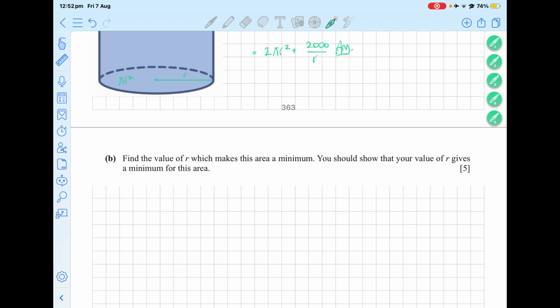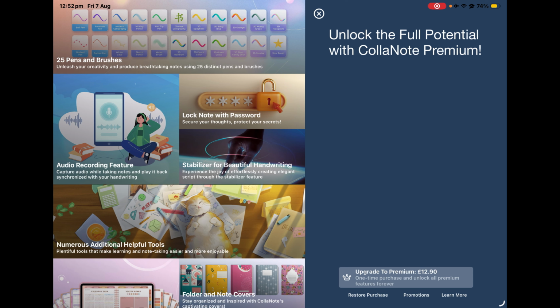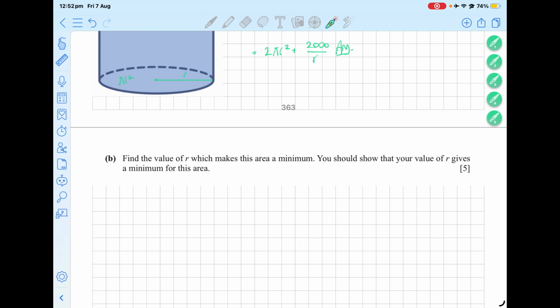Basically they've said, what is the value of r that makes the area minimum, and then prove that you're actually making it minimum, not maximum or something else. So how do we do that? Well, the key is differentiation.